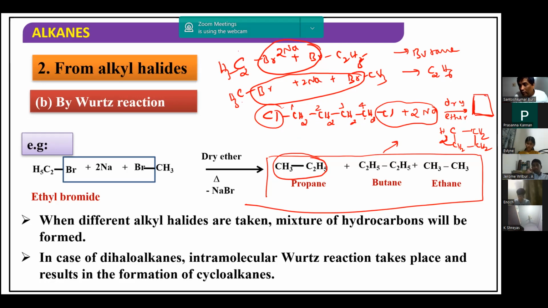So this is called intramolecular Wurtz reaction. Within the same molecule, two Cl atoms are removed by sodium, making a cyclic compound. So you can get cycloalkanes as the products over here. Understood this? Any doubt? No, sir. Yes.